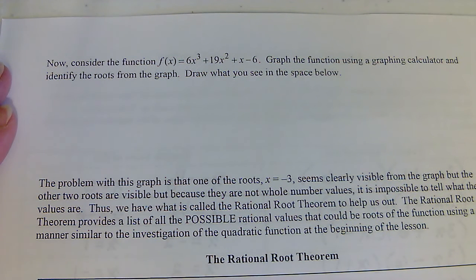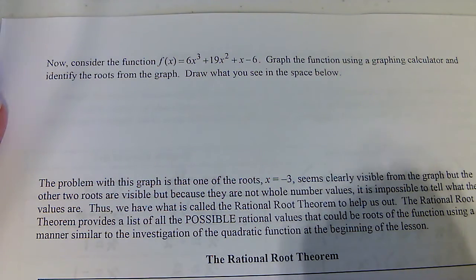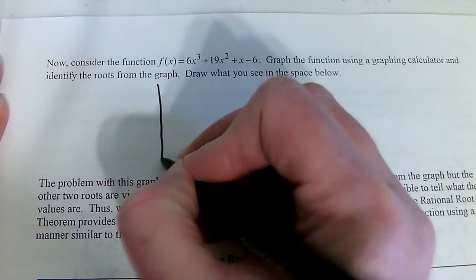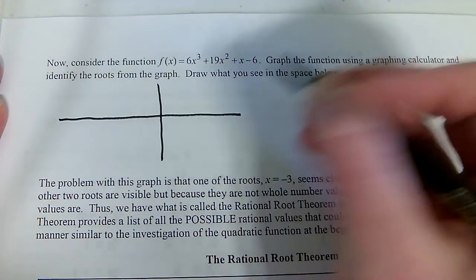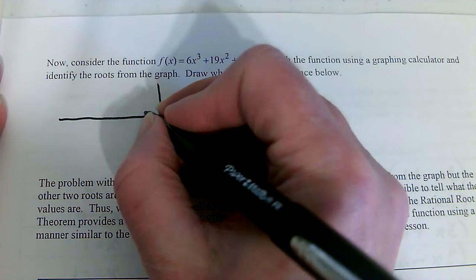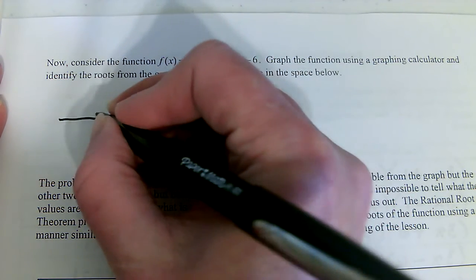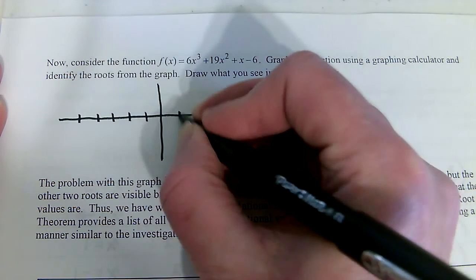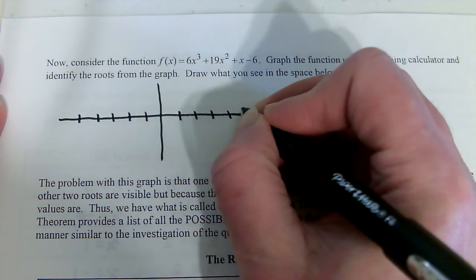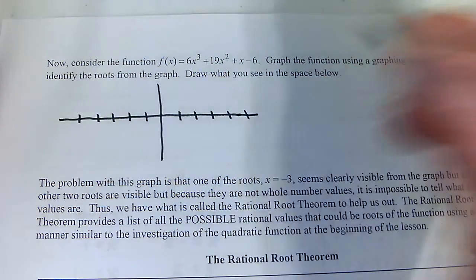Now let's take this function, 6x cubed plus 19x squared plus x minus 6. We're going to graph it, and I'll make a quick sketch here of what we see. So I'm going to go ahead and mark 1, 2, 3, 4, 5.